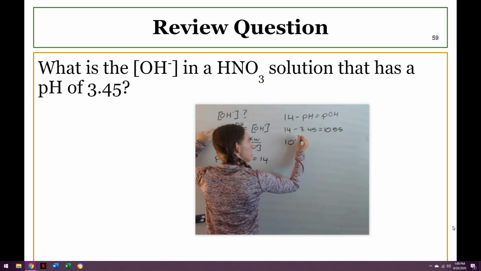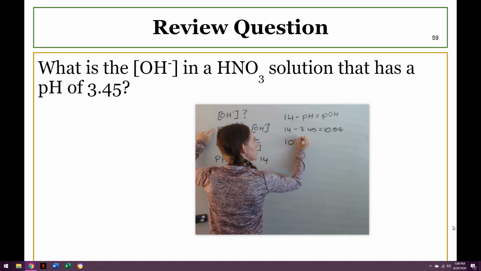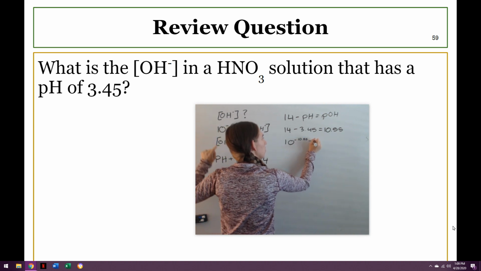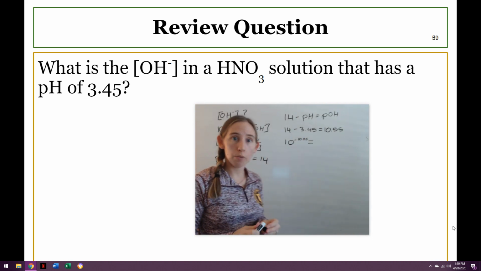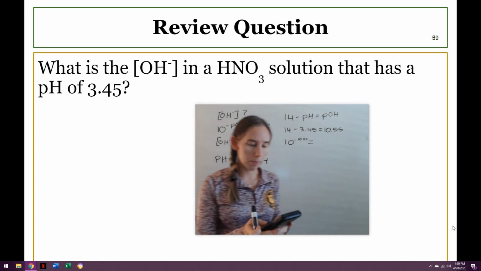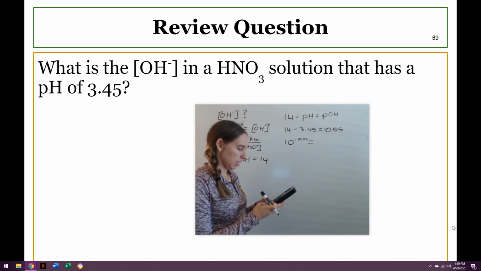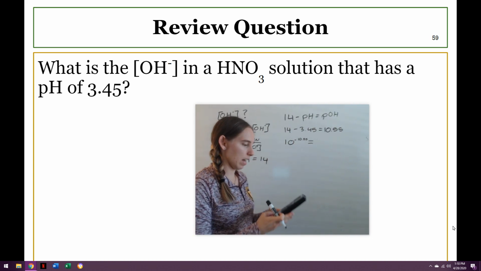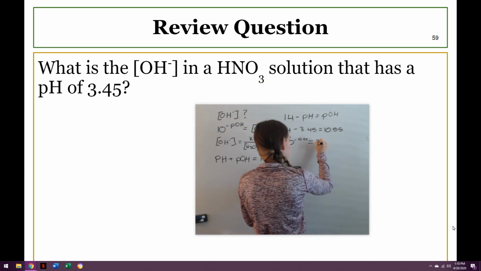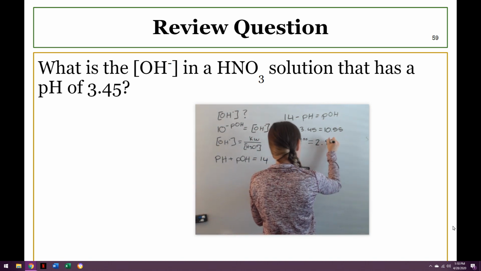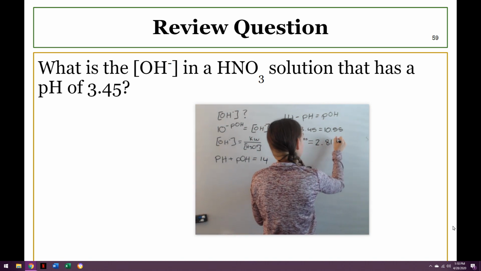Let's plug that into this equation. We have 10 to the negative 10.55 is going to equal hydroxide, which is the answer to the problem. 10 to the negative 10.55, and we have 2.818.